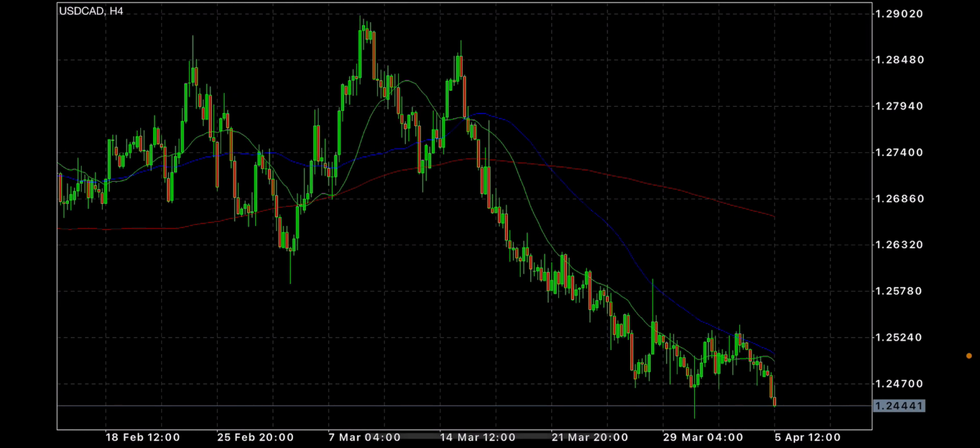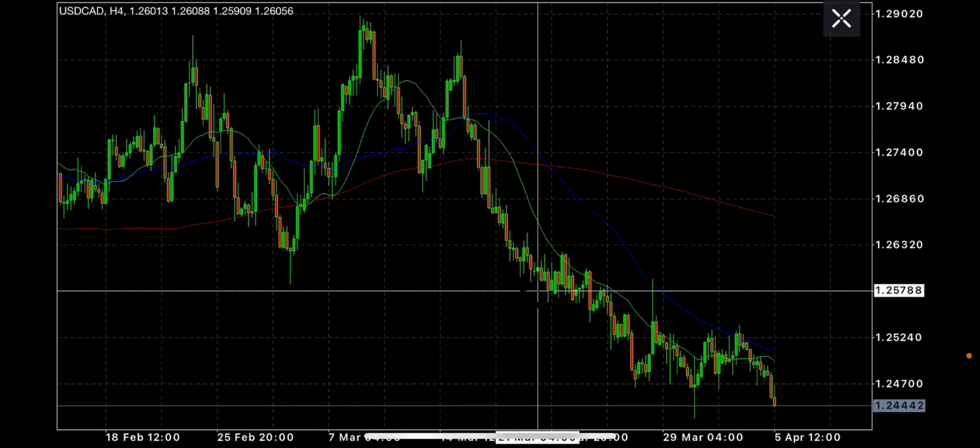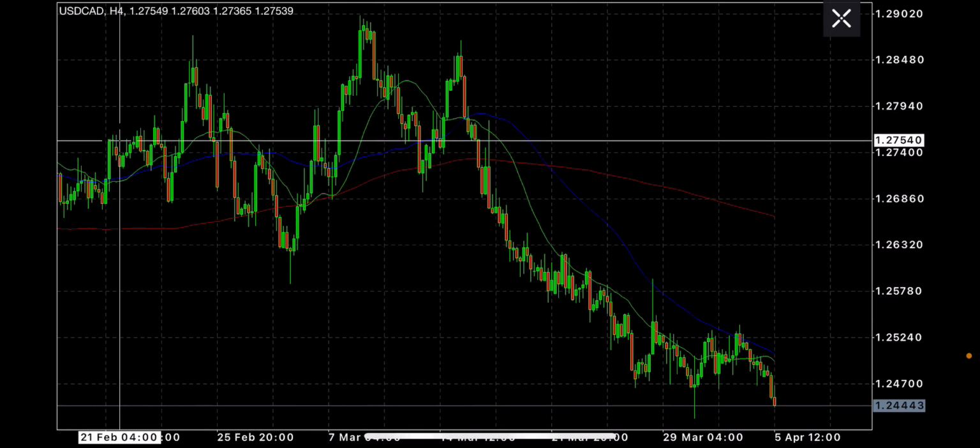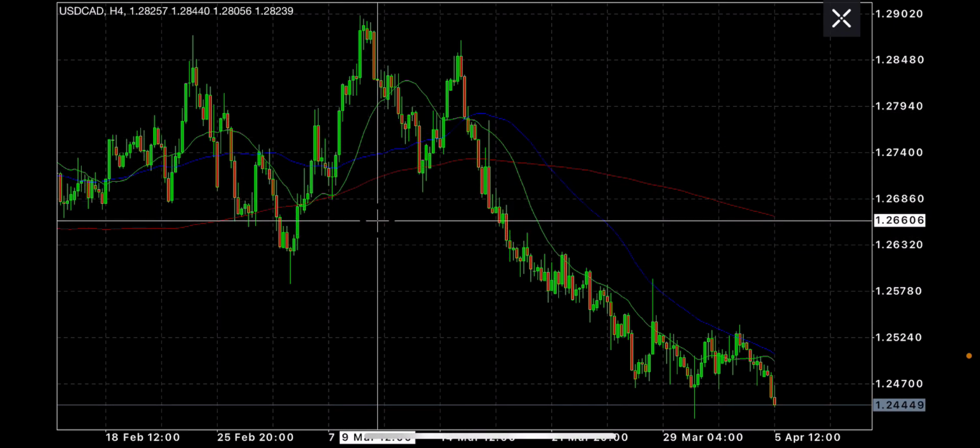So before we get to physically talking about what's happening on the chart, let us talk about the respective fundamentals for each currency. Okay. Now we did have some very strong Canadian news come out in the New York session. We did have some very positive, moderate, medium impact news come out about the Canadian dollar yesterday.